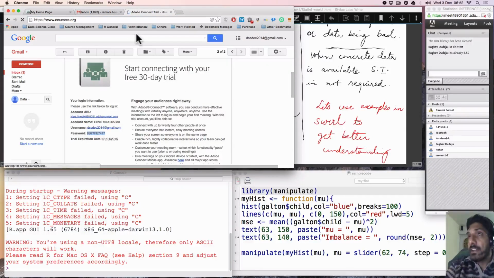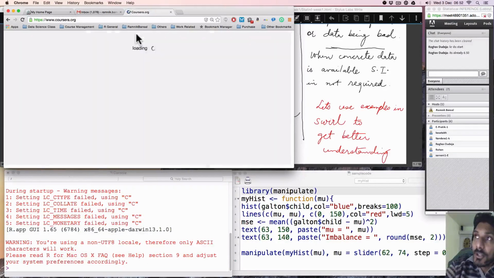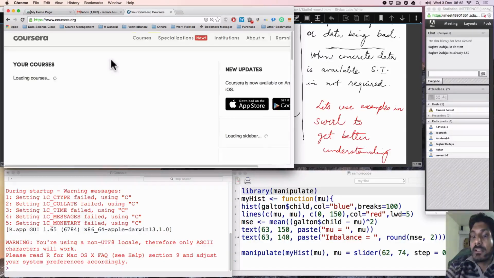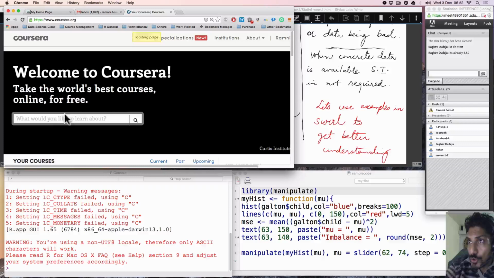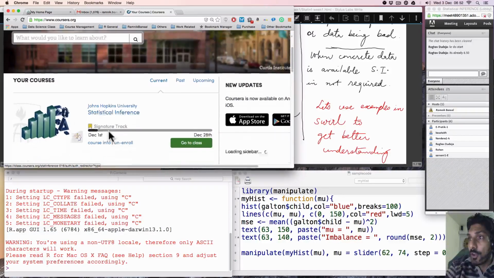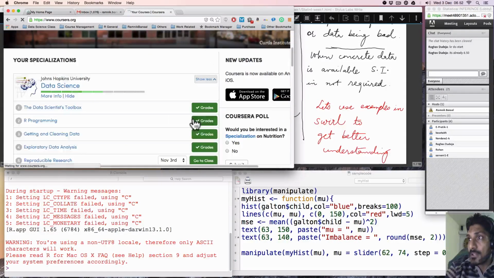They have a very nice swirl assignment associated with the concept understanding for the statistical inference course. All right. In fact, I would recommend all of you also to do the same thing. If you have already enrolled for this course, please go to the class.